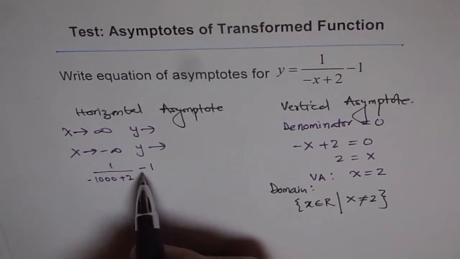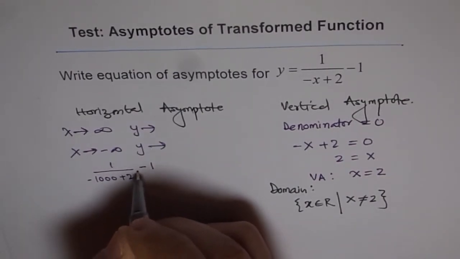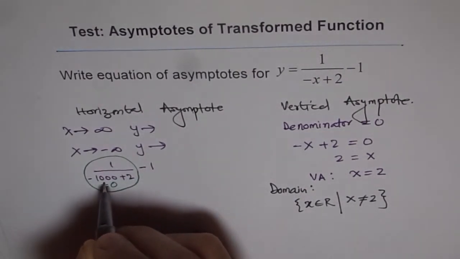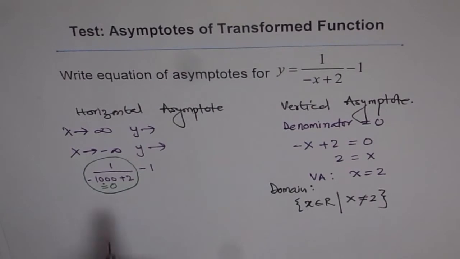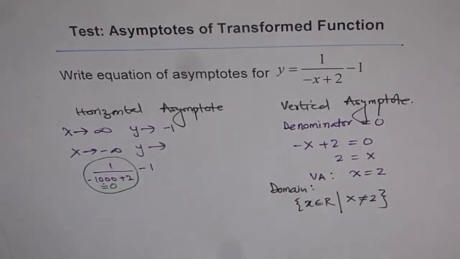We are just shy of negative 1. But what we approach is negative 1. This number is almost 0, approximately 0, and so we are left with minus 1. And so y approaches minus 1.